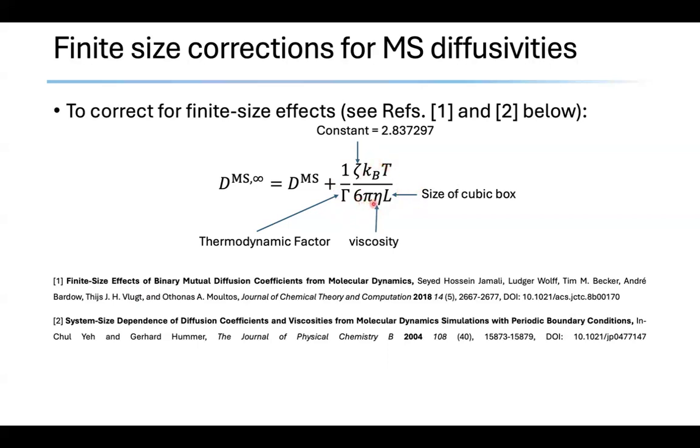The correction term is identical to that of the Fick diffusivity, except that you have an additional term, 1 over gamma, or 1 over the thermodynamic factor. Once again, the references for this are 1 and 2, which contain a detailed explanation of how to calculate finite size effects for transport properties in molecular simulations.